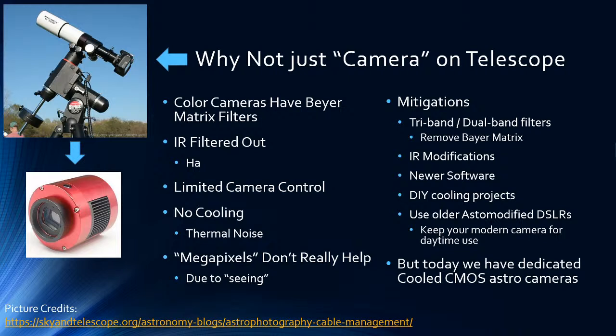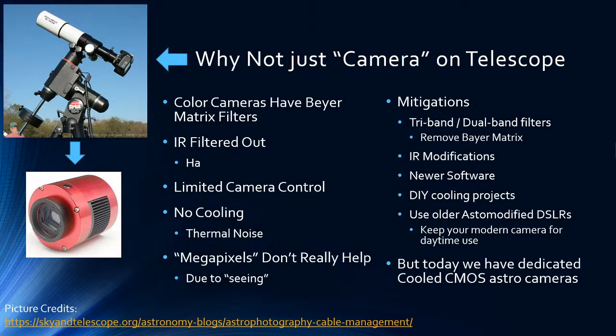So typically, you're going to run your dedicated astro camera at -15, -20, or sometimes even down to -40 degrees below ambient temperature, and that makes a big difference in the amount of noise in your image.